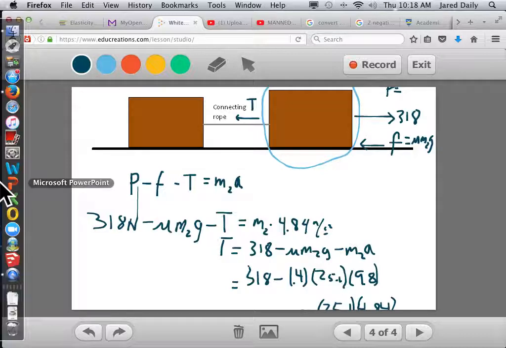Yours is not coming out right? So the tension is used at 234. There. 234.